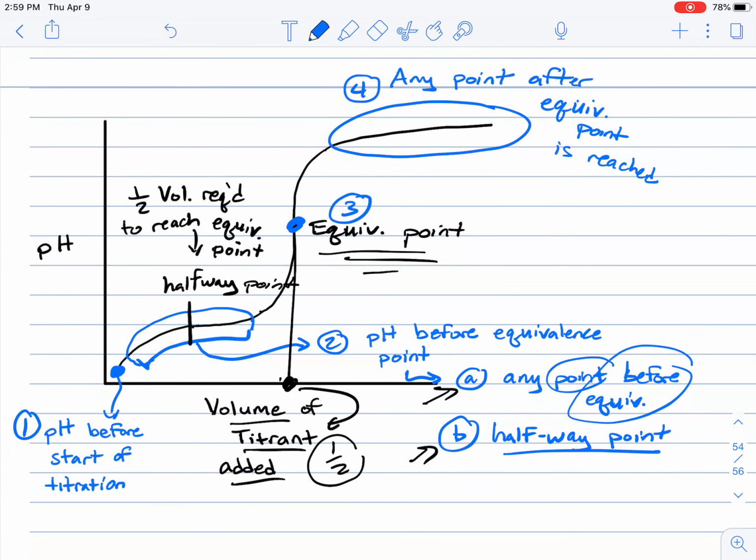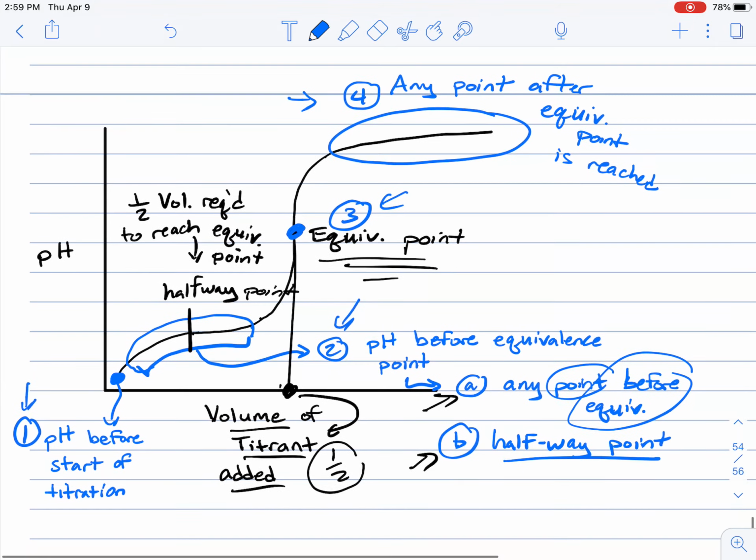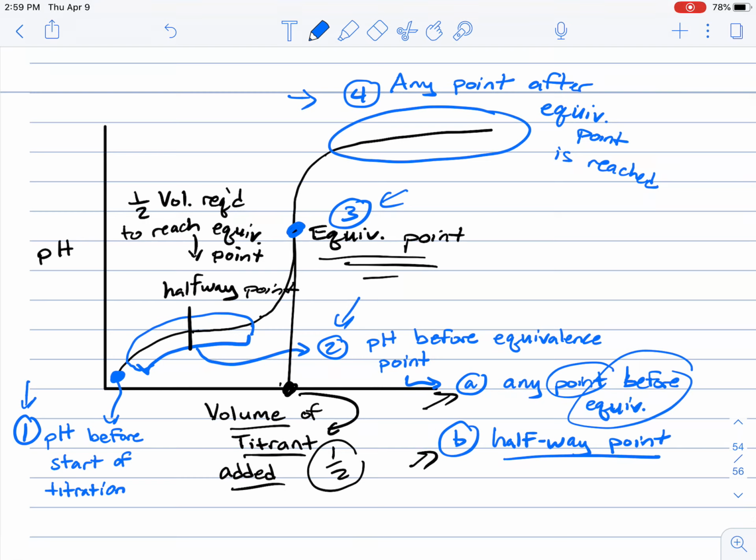All right, and so overall, we have 4 separate calculations, 1, 2, 3, 4, or sometimes 5 calculations. And by determining at least one point that represents each of these key places in the titration curve, we'll be able to sketch our titration curve.